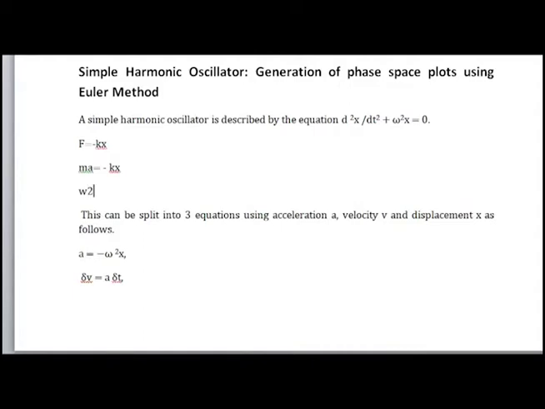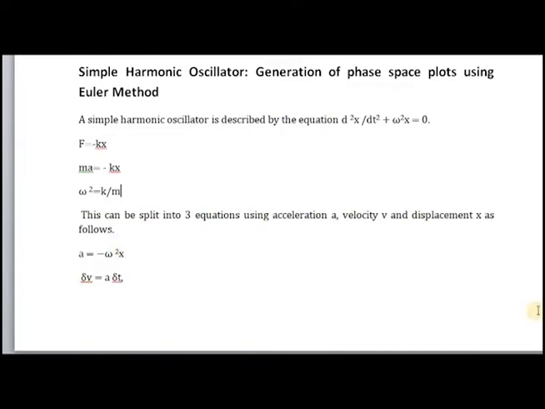Omega square is equal to K by M, and from this I'll get the equation: acceleration is equal to minus omega square x.